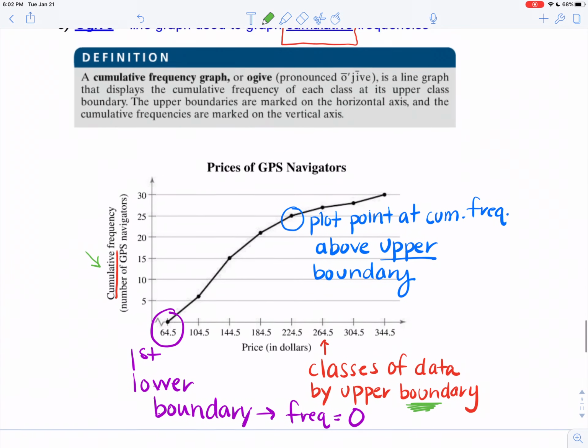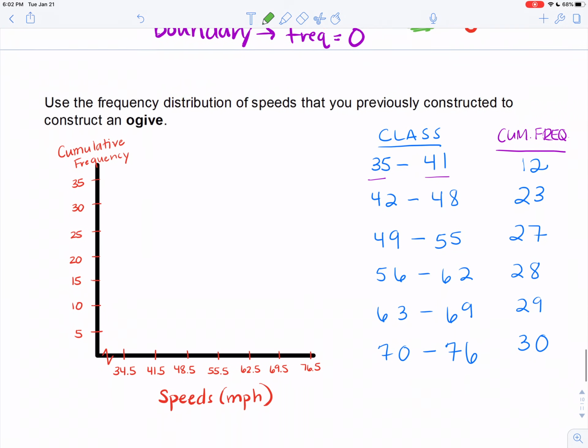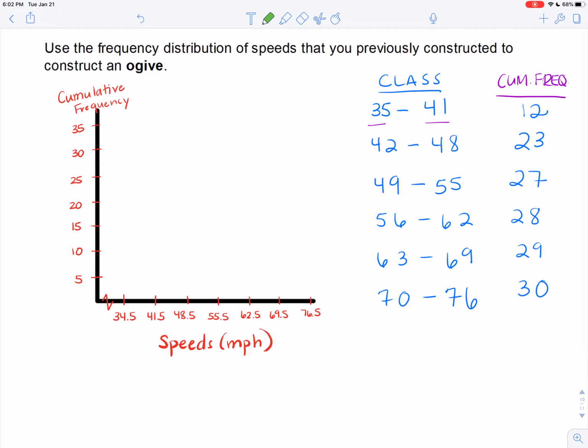All right, so when I went to set this up, again, for our speeds, the values that I'm using on this horizontal axis are not the limits, right, which I went and pulled those limits back for you. They are actually the boundaries for the classes.